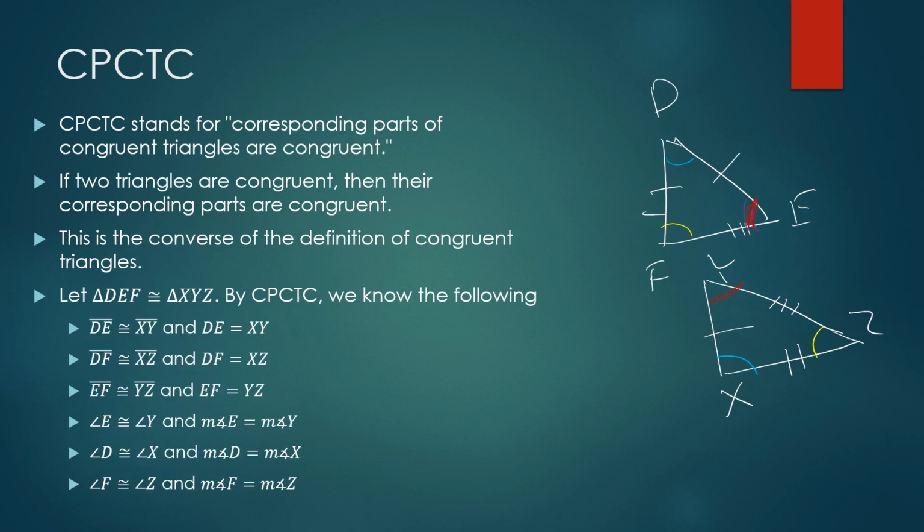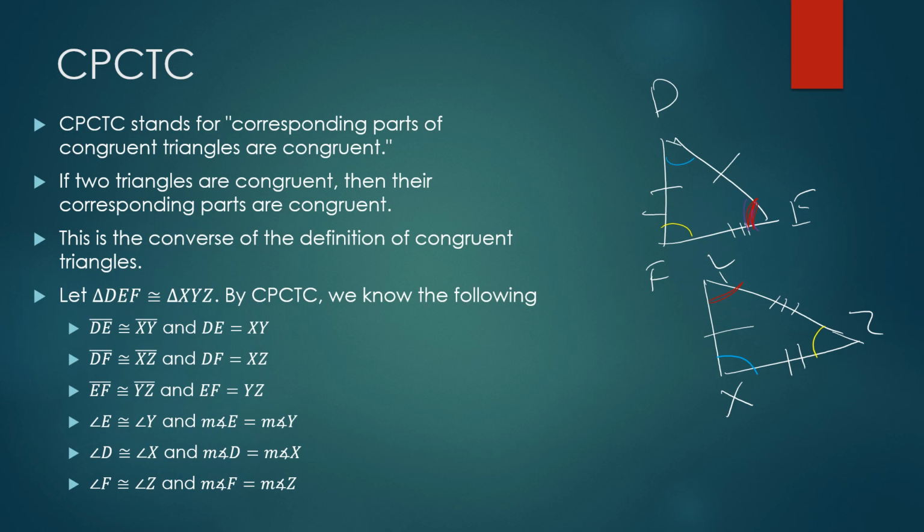And if these parts are congruent, they must be the same measurement. So in our definition of congruency, the measurements are the same, that means the structure is the same.